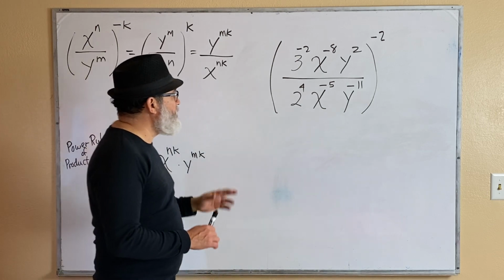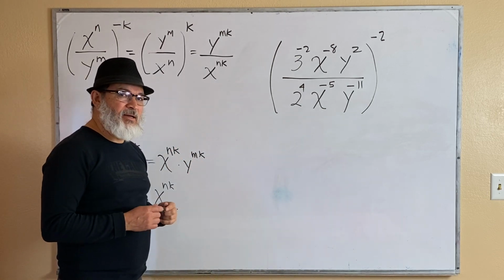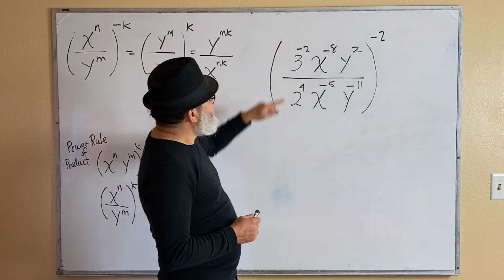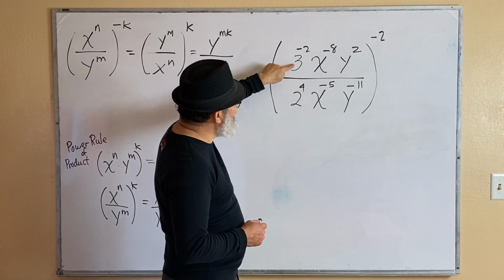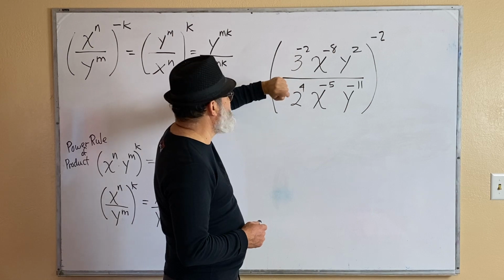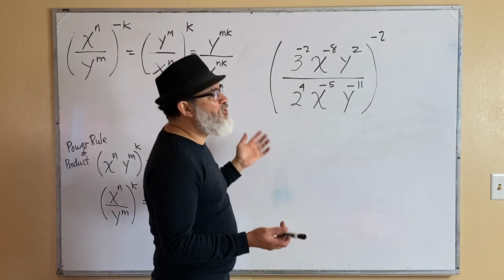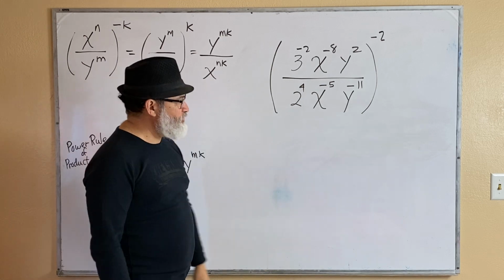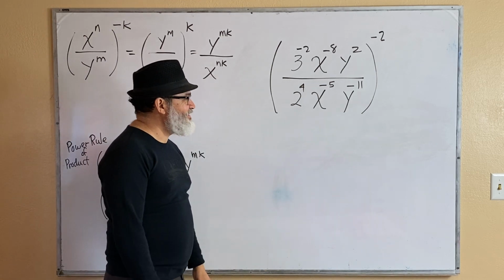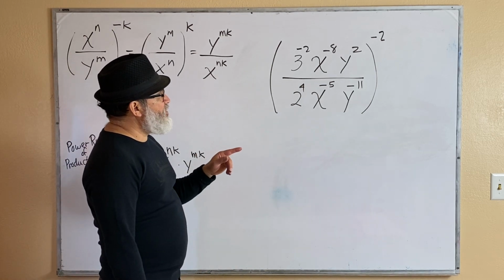Okay? We can do that. All right, guys, this 3 to the negative 2. There's different ways, but I'm going to stick to my way. 3 to the negative 2.